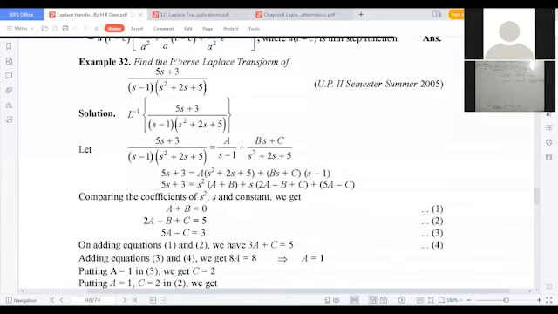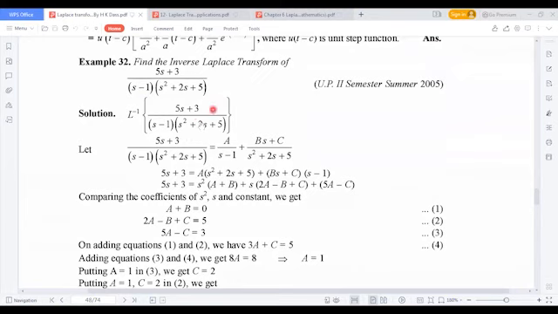Similarly, we can find the inverse Laplace transformation of this one: (3s plus 3) divided by (s minus 1)(s square plus 2s plus 5). The inverse Laplace transformation will be given, but first of all you have to transform it into partial fractions. The highest power in the denominator polynomial is s cube, so we have to introduce 3 constants a, b, c.